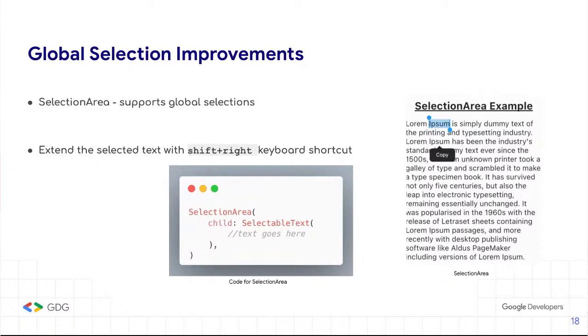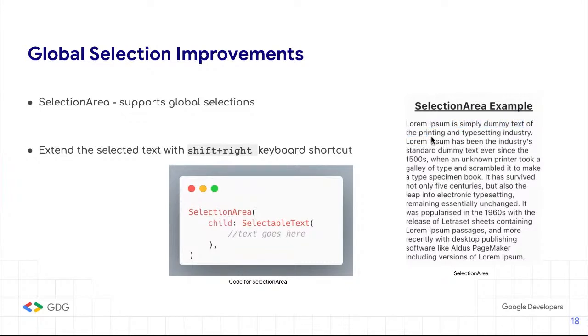And we can even extend the selected text by using the keyboard shortcut Shift Right. So this is a very common text copying technique which was there previously in every platform. Now you can have it in your Flutter apps as well.